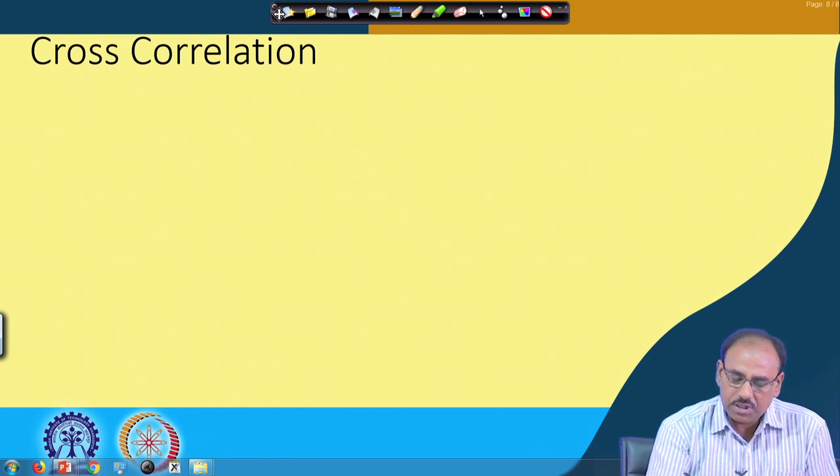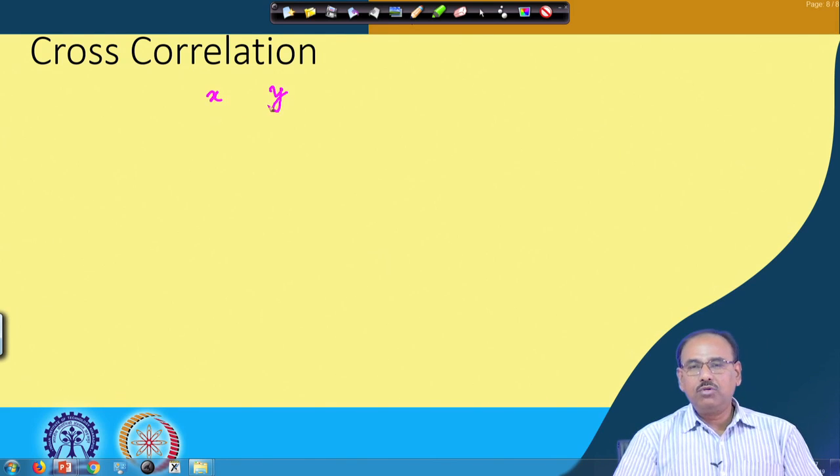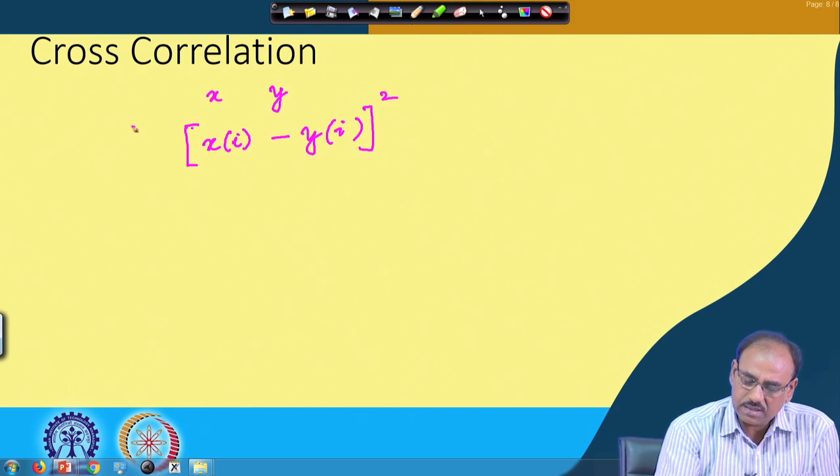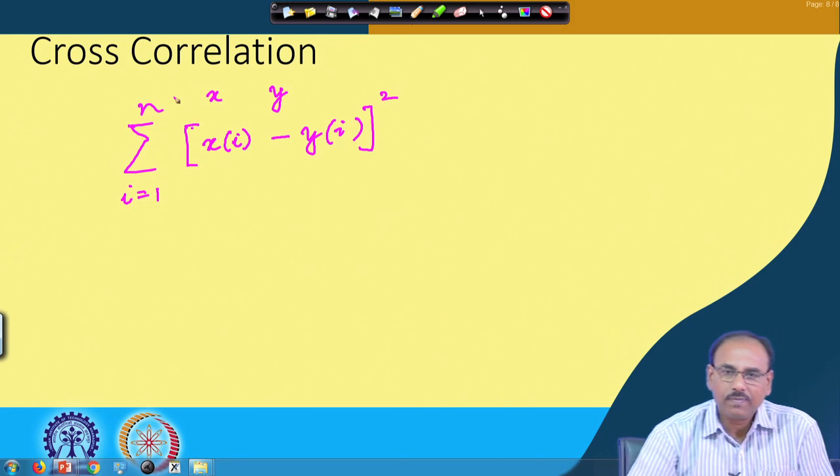So, suppose we have these two signals x and y, and I want to find out the difference between these two signals. To compute the difference, what we usually do is we take the sum of squared error. That means, I take x_i minus y_i, take the square of this and the sum of this for i equal to 1 to n.